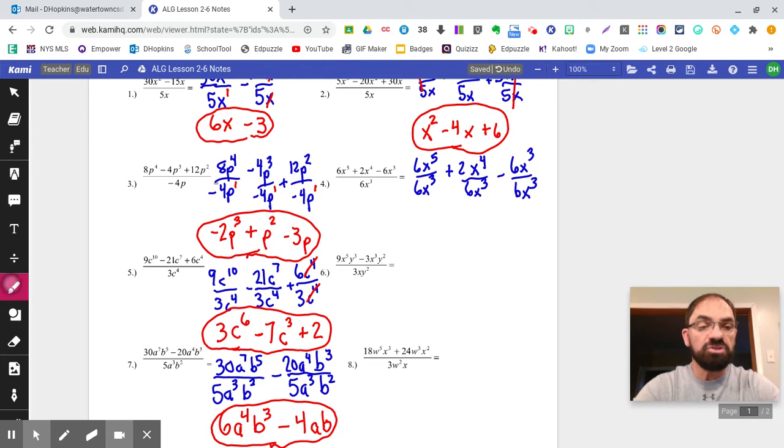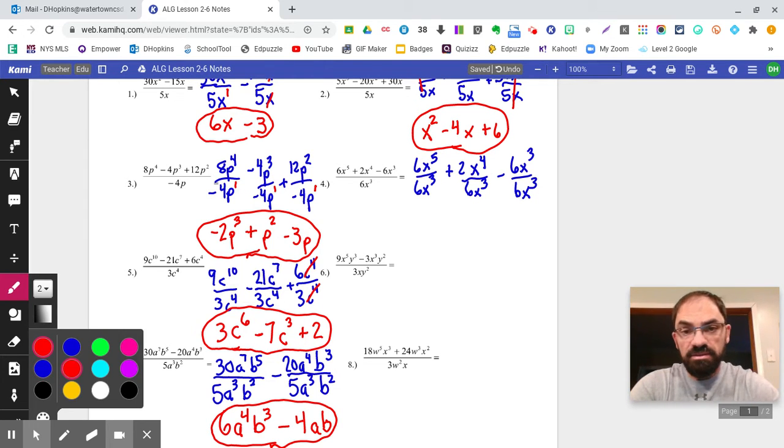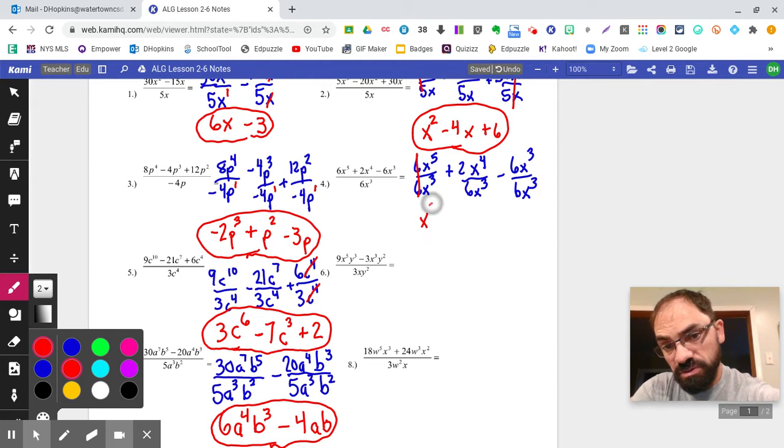Okay, so we have a little bit of a tricky one here. I like this. So the 6's cancel. 5 minus 3 is 2, so x squared, plus 2 goes into 6 3 times, so this 3 stays on the bottom.